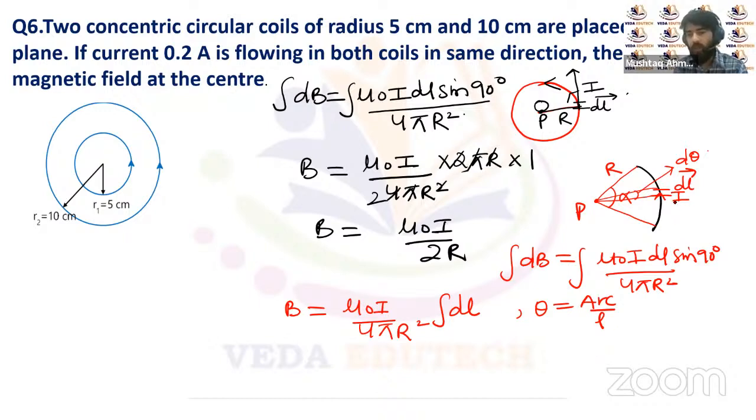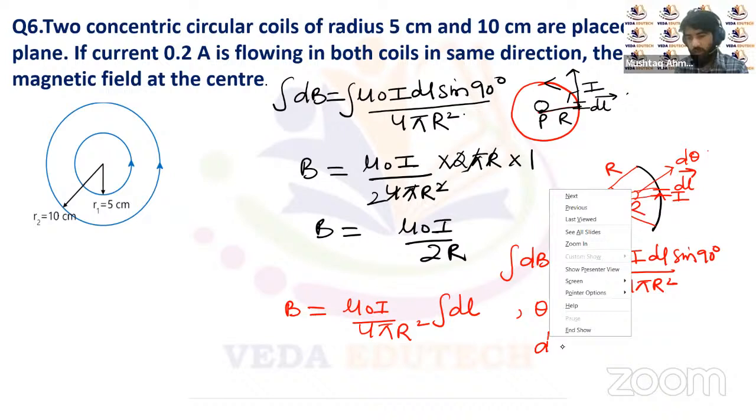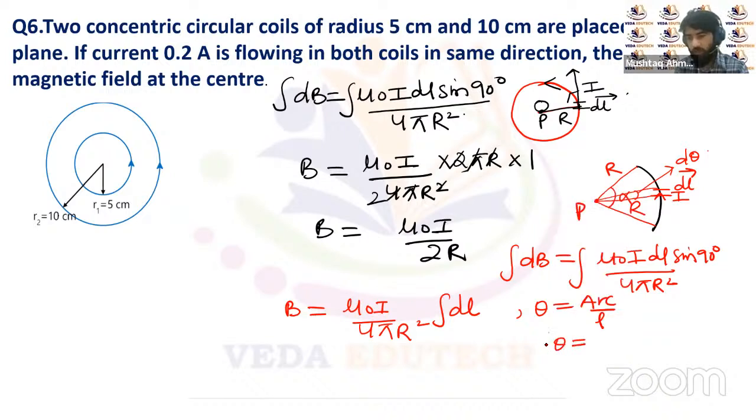The arc length here is dl, and the length here will be the radius of curvature of this arc. So d theta has to be equal to the length dl upon the radius r.